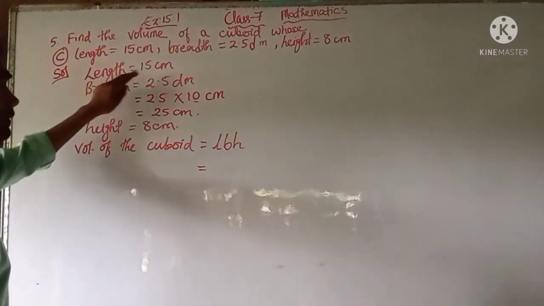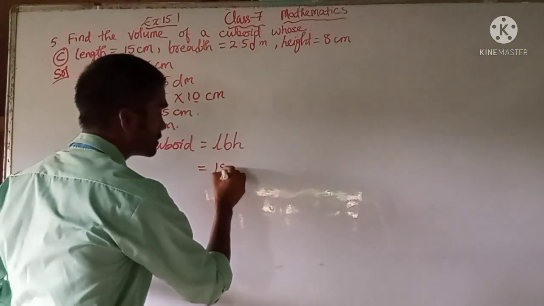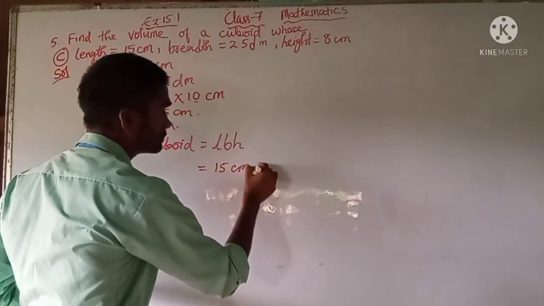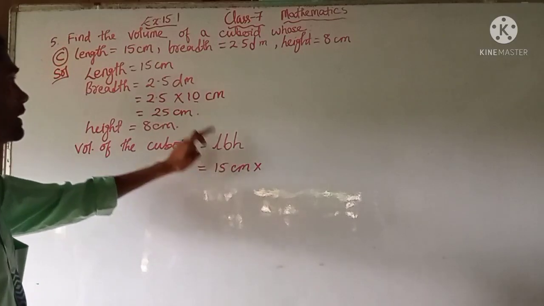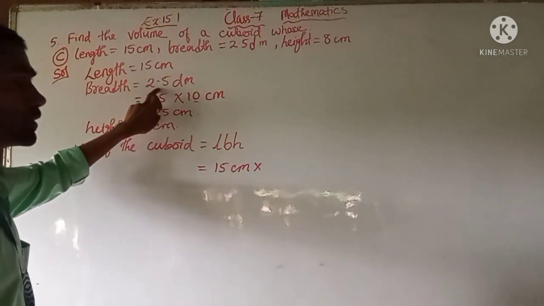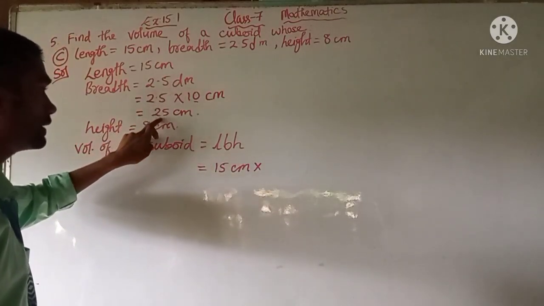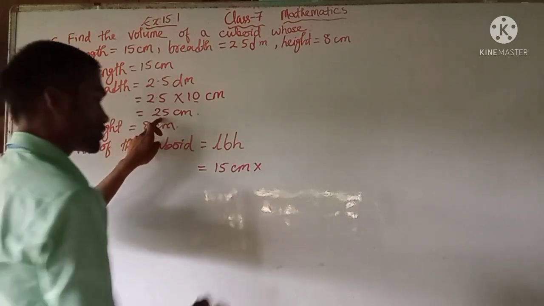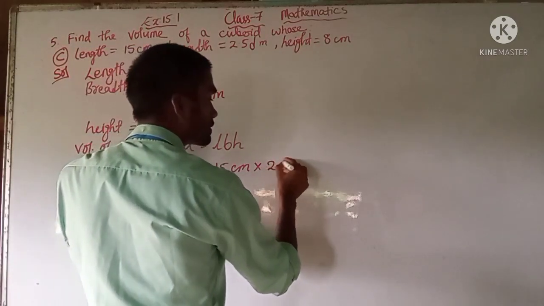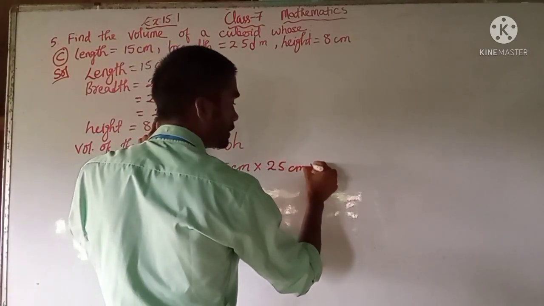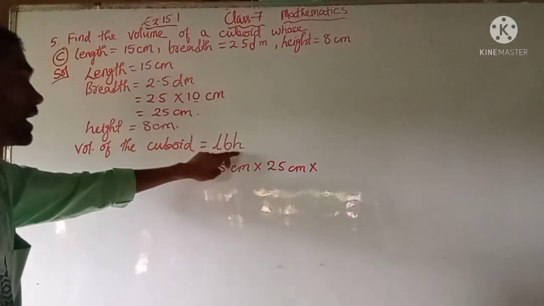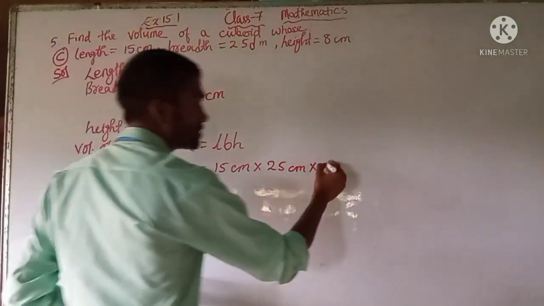So the length is 15 centimeter into breadth, which was given 2.5 decimeter, we have converted into centimeter, so 25 centimeter, into height, that is 8 centimeter.